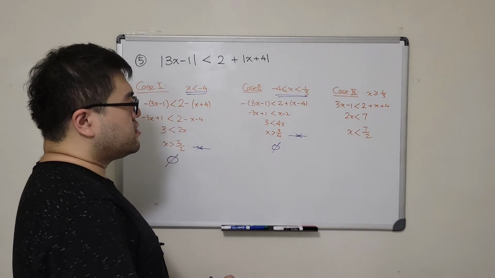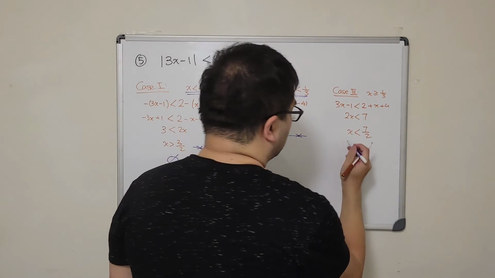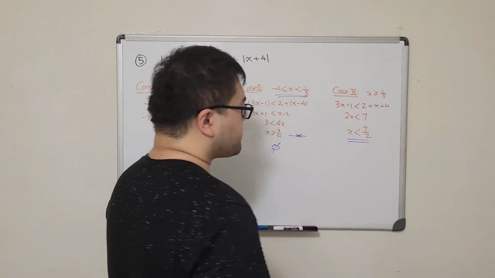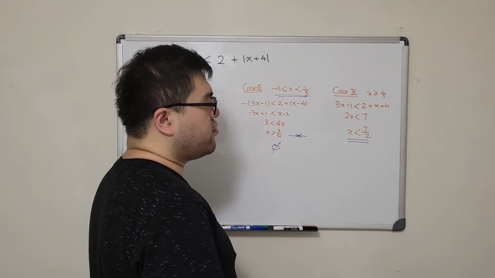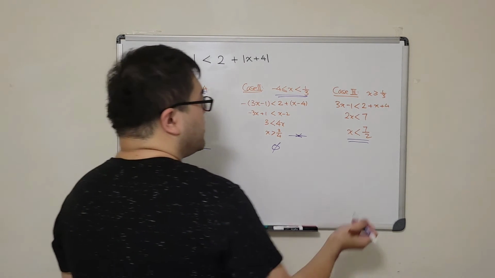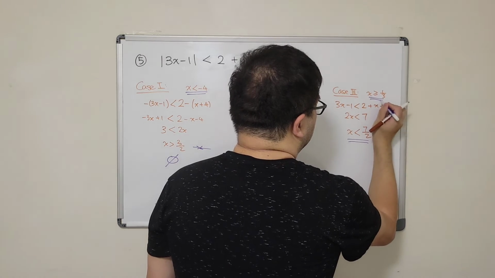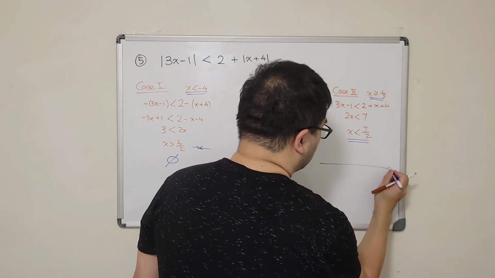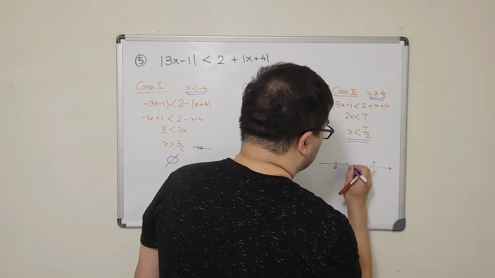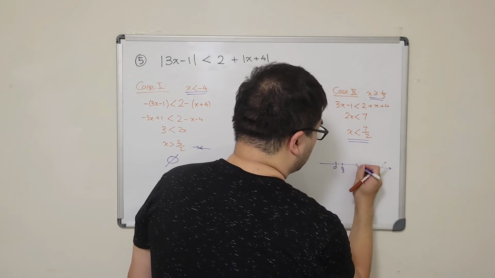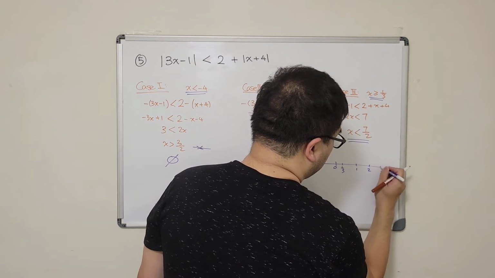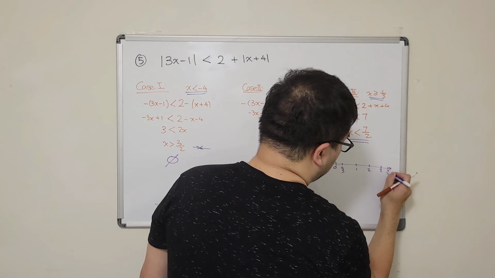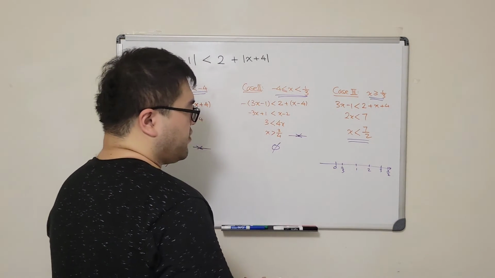Good. So let's double check. Well, x is less than 7/2, which is fine. Our condition says x is greater than or equal to 1/3. So from the number line, suppose 1/3 is around here, 1 here, 2 here, 3 here, so 7/2, which is 3.5, is around here.